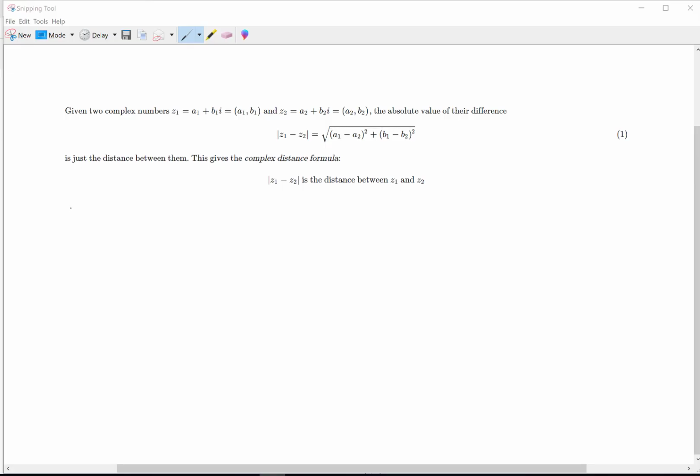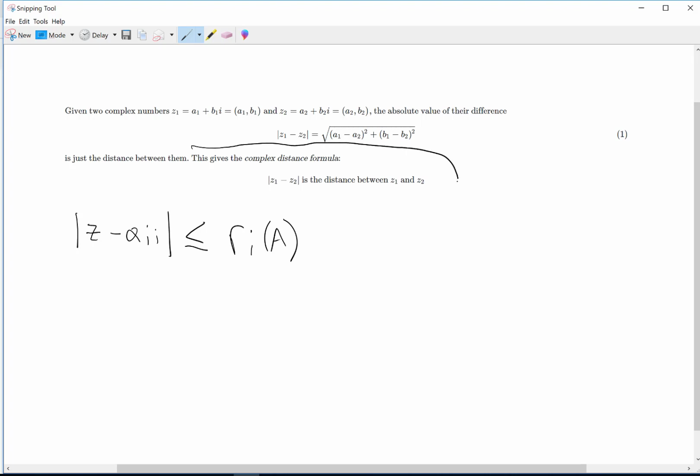Let's write down equation 1 from the Gershgorin module, the section on Gershgorin's theorem. So that one said absolute value of z minus AII is less than or equal to RI of A. And if you think about what's going on here, it says right below equation 1 from the complex numbers appendix module, we have a complex distance formula.